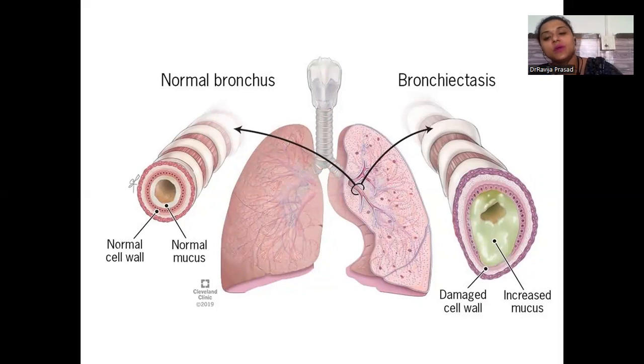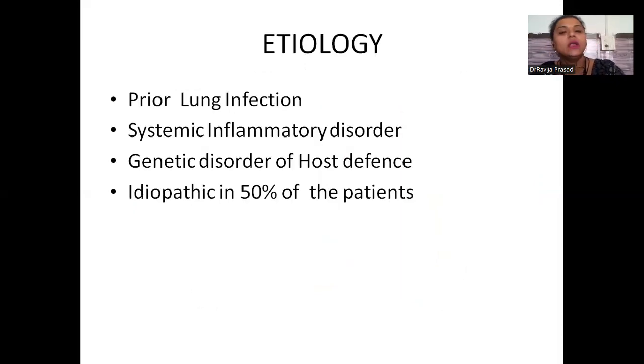In the bronchiectatic lung, dilatation is present, there is increased mucus, and there is damage to the cell wall and epithelium.